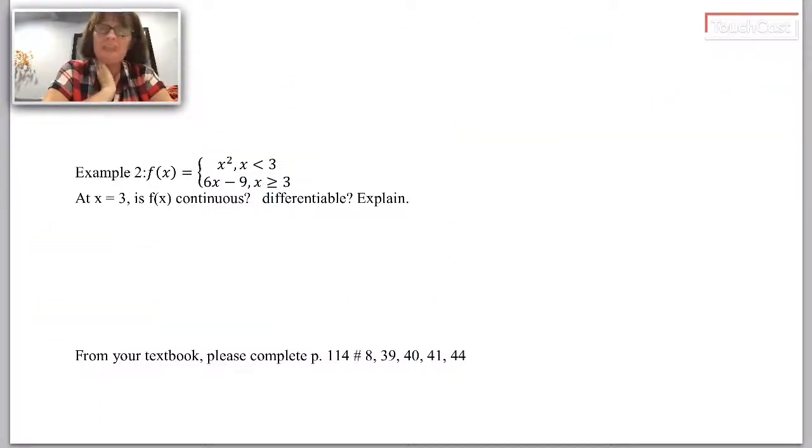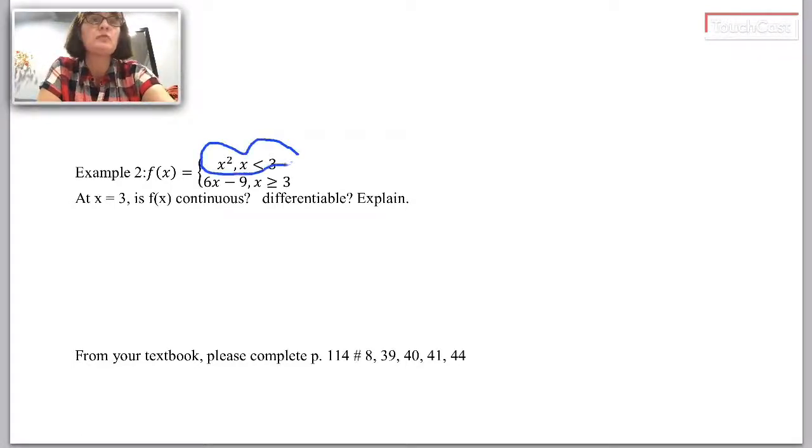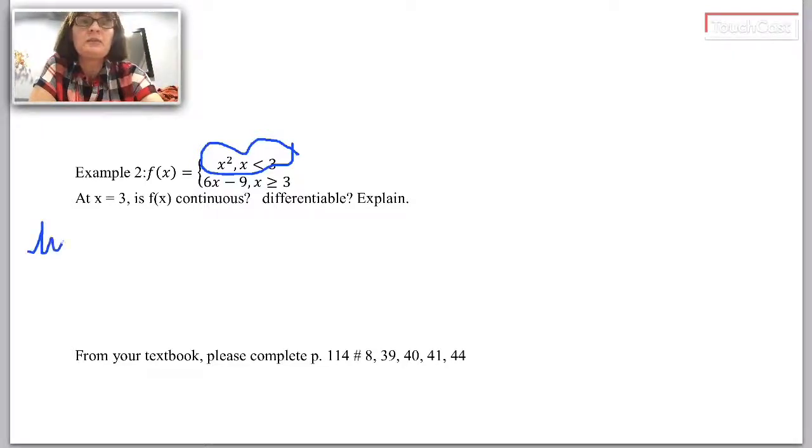So for a function to be differentiable, we need the slope from the left, the derivative from the left, to equal the derivative from the right. So the slope from the left, again, I'm going to be using this rule if I'm talking about approaching x equals 3 from the left. So I'm going to be finding the limit as x approaches 3 of f of x minus f of 3.